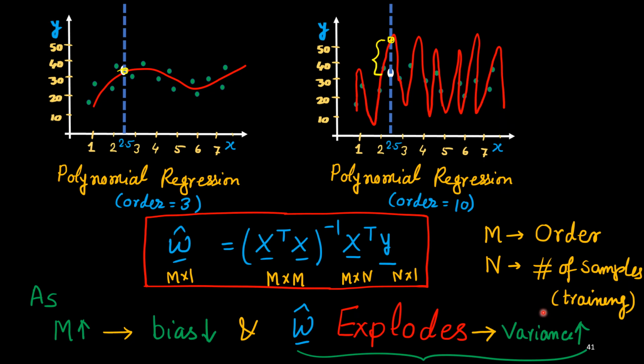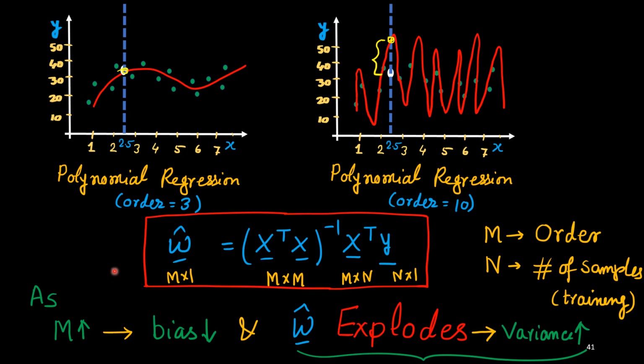So this is one important concept. Whenever you try to increase the order of the polynomial, then w will explode, meaning the w value increases rapidly, and this in turn will create huge variance. So this is my claim.